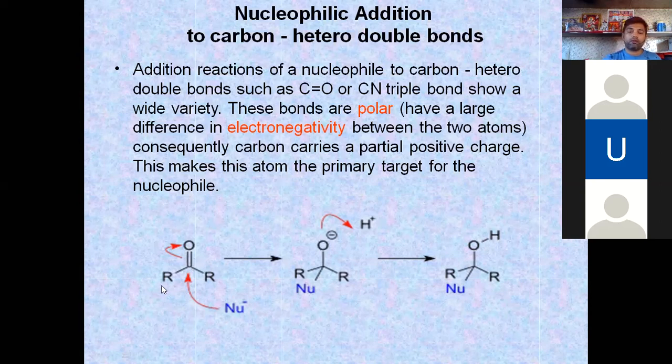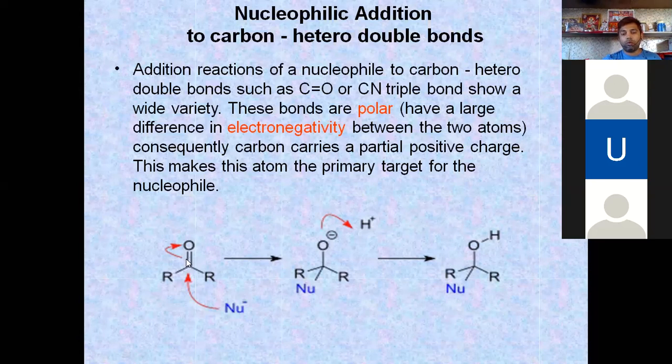Now, if we discuss this molecule, this is a ketone, or maybe any alkyl group. This is the carbonyl group. Because oxygen is more electronegative than carbon, oxygen will bear a partial negative charge and carbon will have a partial positive charge.